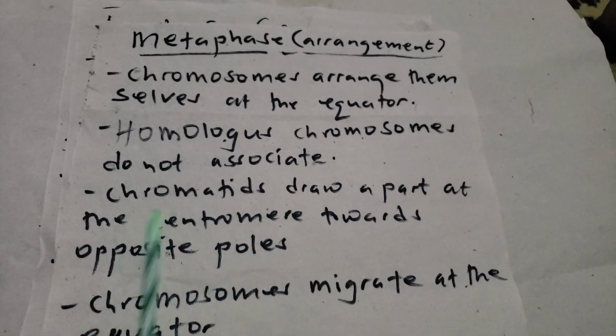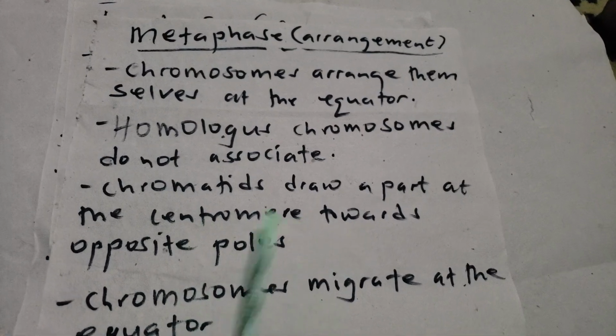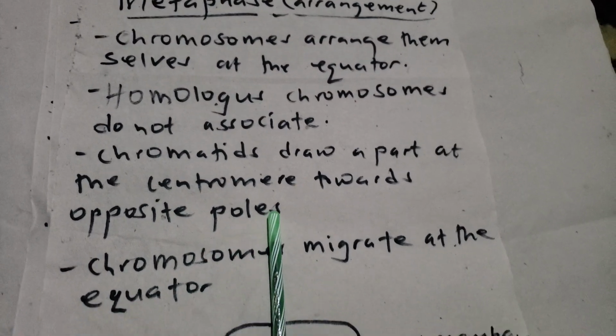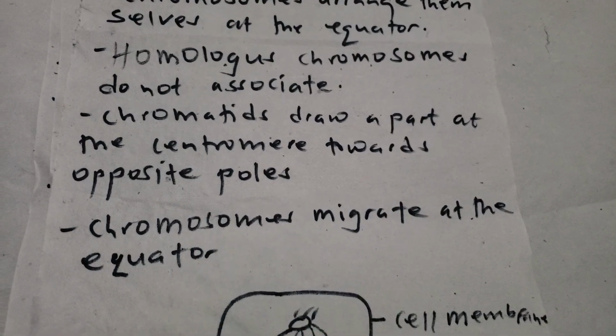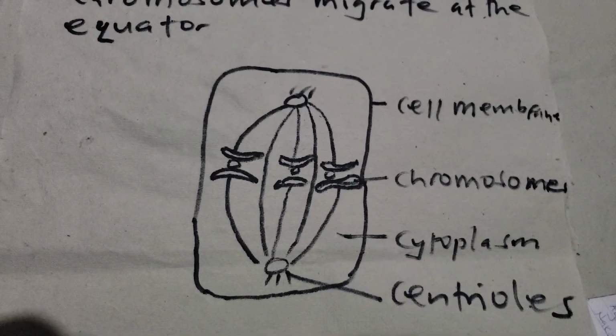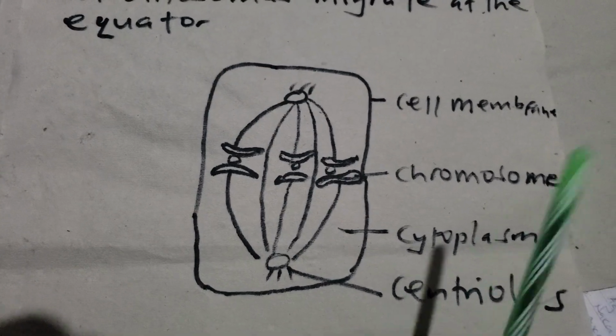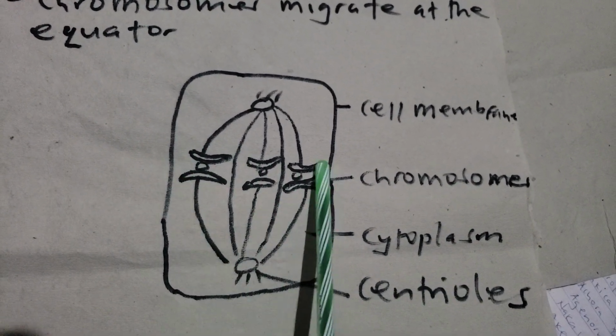We are seeing that chromatids draw apart at the centromere towards the opposite poles. Then we are seeing that chromosomes migrate to the equator, as you can see at our drawing there. We are seeing that the chromosomes have assembled themselves at the equator.